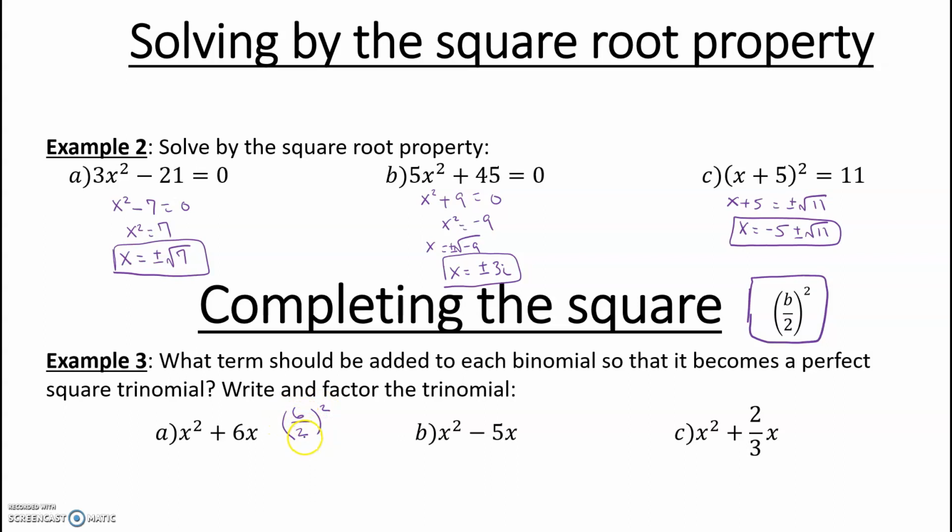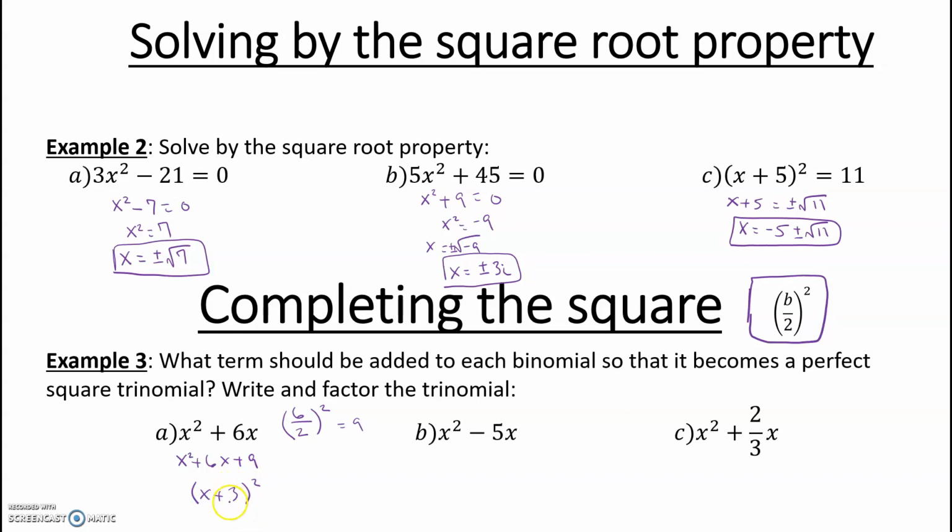So 6 divided by 2 is 3, squared is 9. So we need to add 9. So when it says to write the trinomial, we're going to have x squared plus 6x plus 9 if we want to make that a perfect square. And the perfect square is going to be x plus 3 squared.